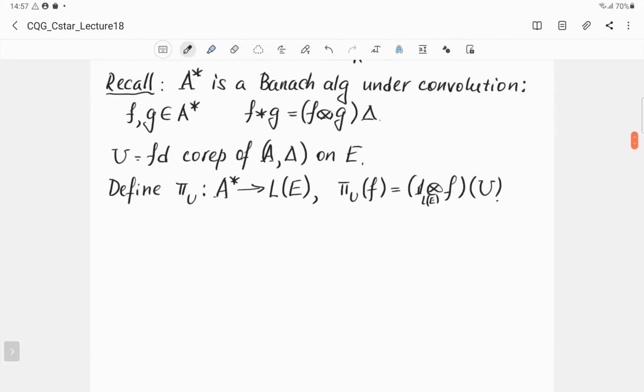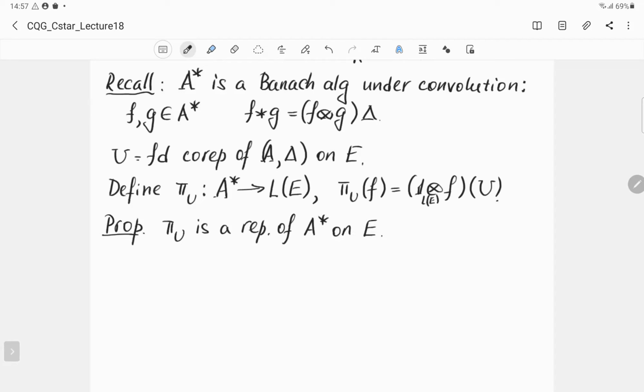It turns out that pi U is a representation. So we have the following proposition. Pi U is a representation of A star.